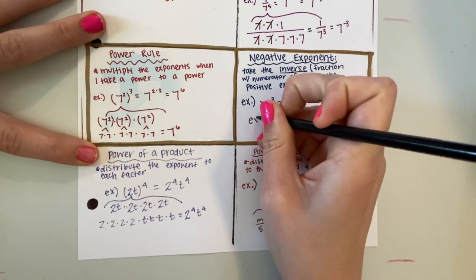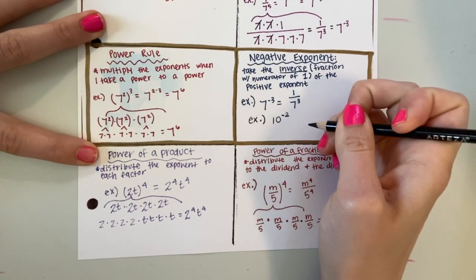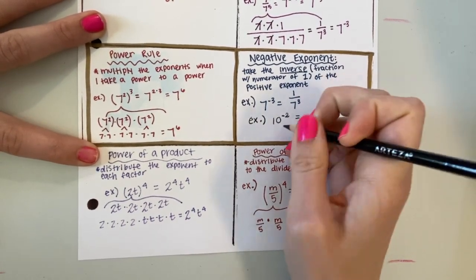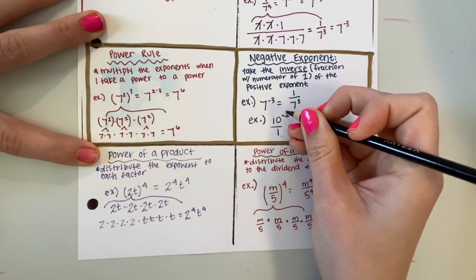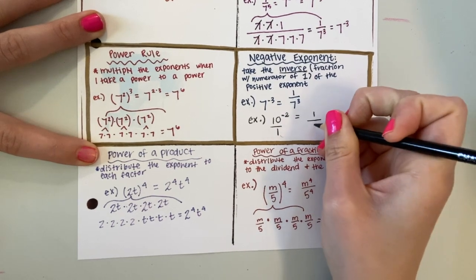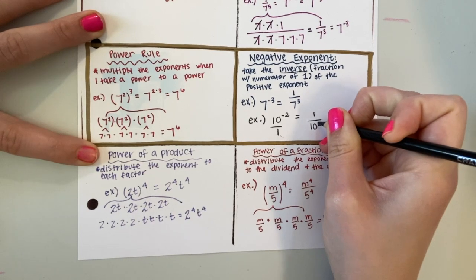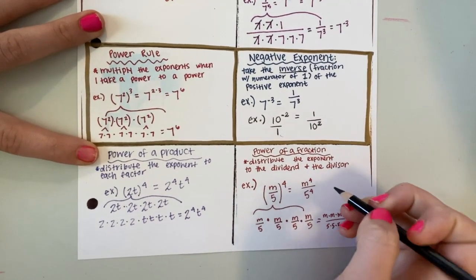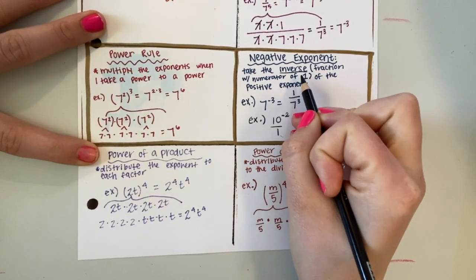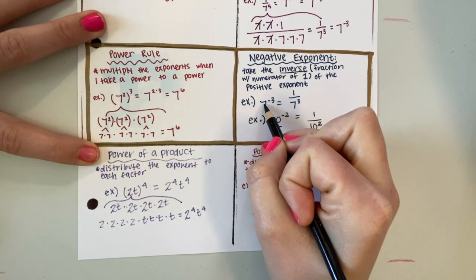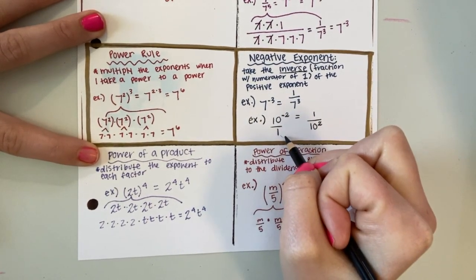So if I have 10 to the -2, it's just the same thing as flipping this fraction and making this 2 positive. So it ends up being 1 over 10 squared. It just means we are taking the inverse, which just means we are flipping this number to be on the bottom.